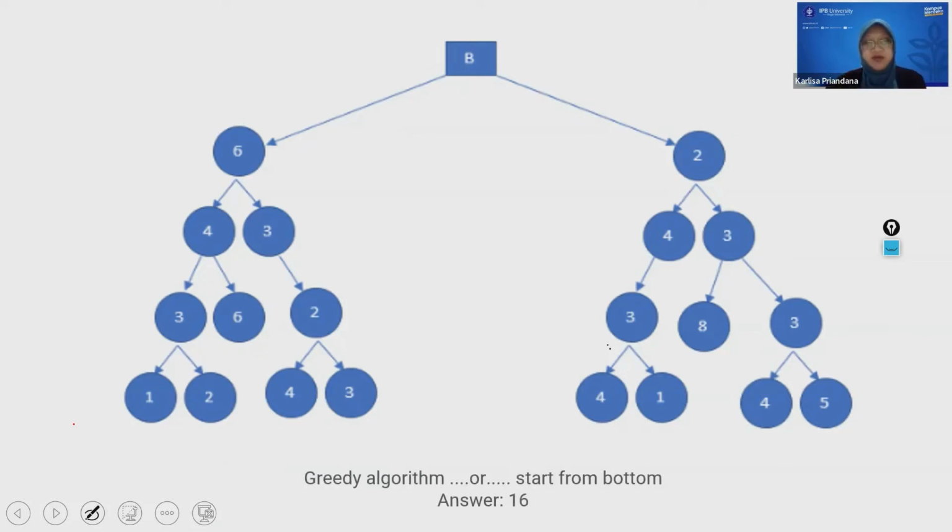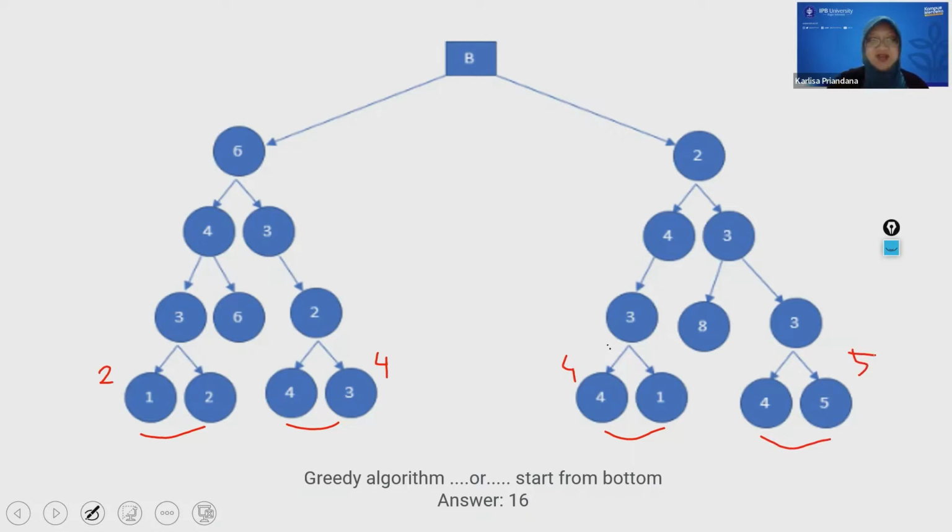You start from the bottom, calculate the first maximum, and after that go to the top. For example, between 1 and 2 you select the maximum one, which is 2. Between 4 and 3, you choose the 4, right? And this one, 4, and this one, 5.